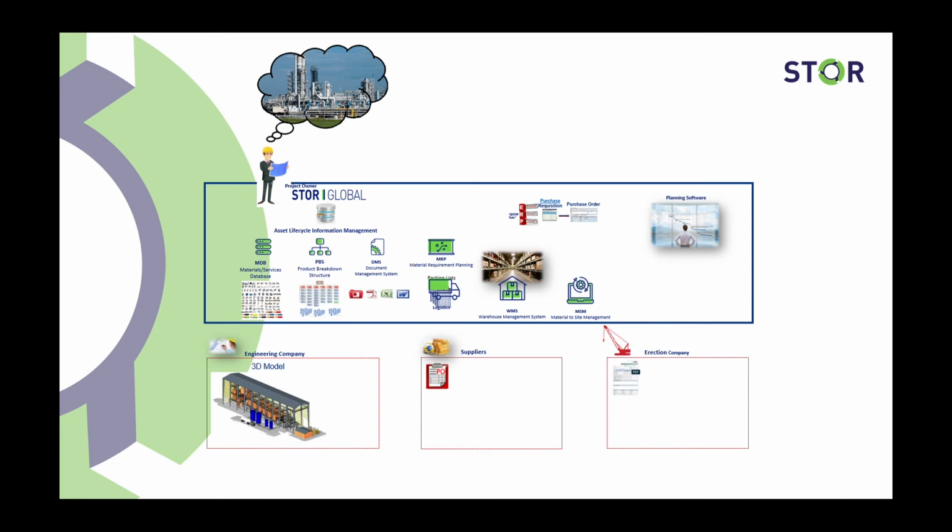This will give the proper authorization and documents to the erection companies to go to the hiring company's warehouse at the right moment to take the material needed for erection execution. The warehouse management team will use the STOR Material to Site Management module, known as STOR MSM, to prepare the material delivered to the erection company and register the material carried out.